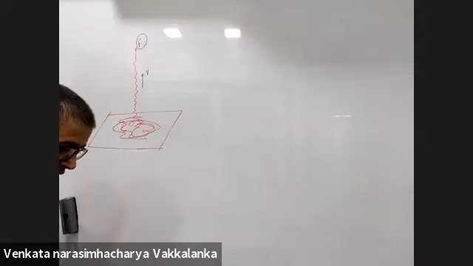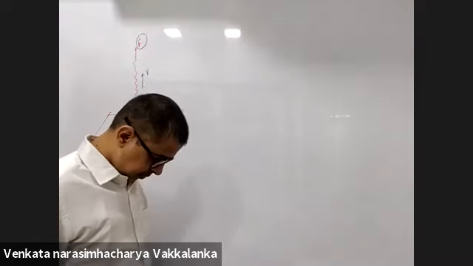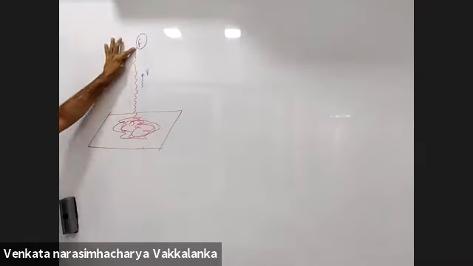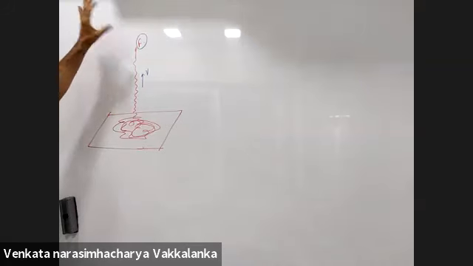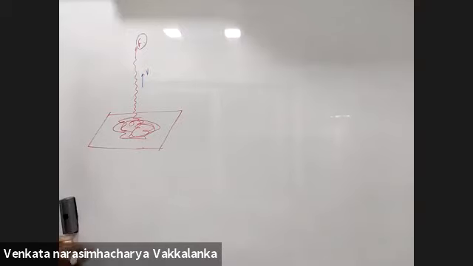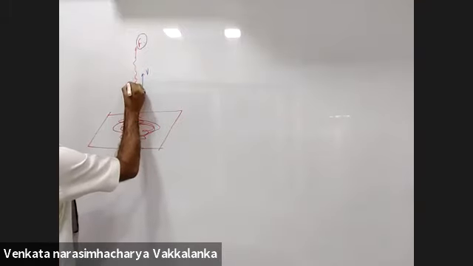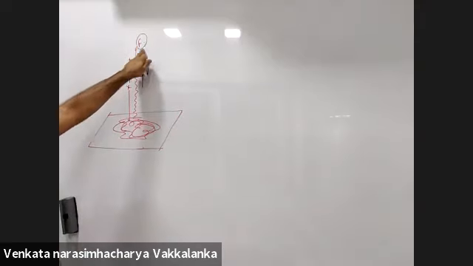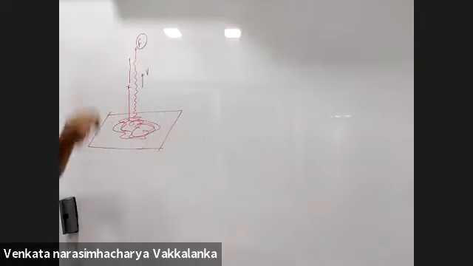Firstly, did you understand the question? Yes, sir. The force I should exert for the chain to move with uniform velocity. If this length is x, what is the force I should exert?